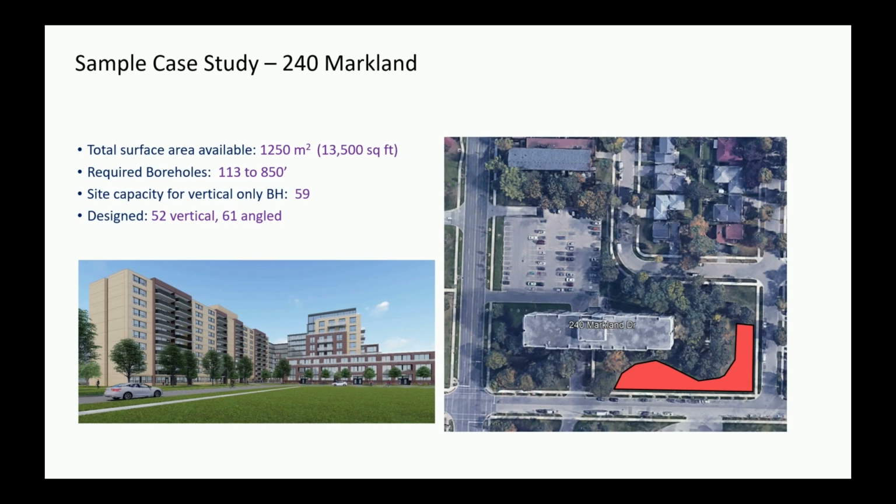And I'm going to go through these. Just an example for a retrofit and new construction in the City of Toronto, it's 240 Markland in Etobicoke, where the site restrictions really forced us into an angled borehole solution.